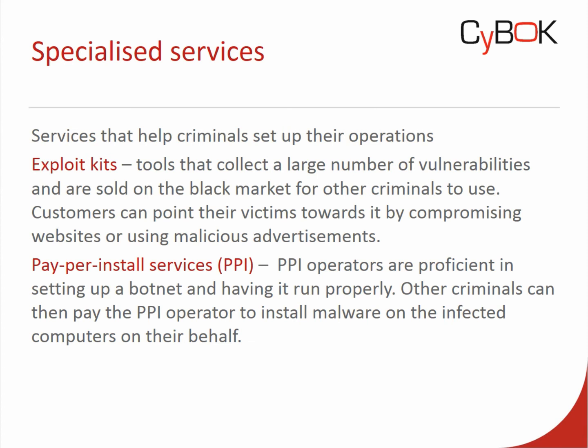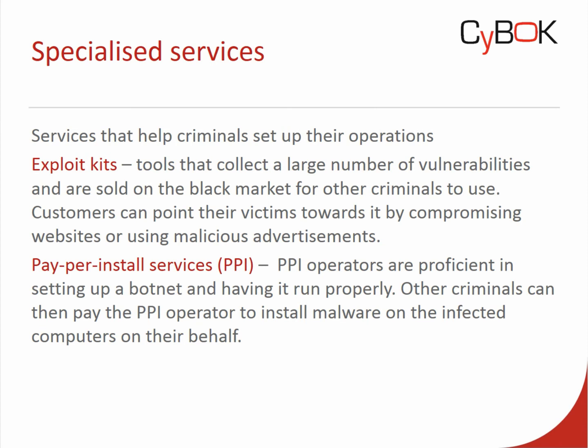So while a criminal could go and purchase different exploits on the internet and then manage them themselves, it is much easier to just purchase access to an exploit kit, which is basically a website that contains virtually all exploits that are out there, and is very proficient in fingerprinting the victim's computer and figuring out which vulnerabilities they have and providing the correct exploit and compromising them.